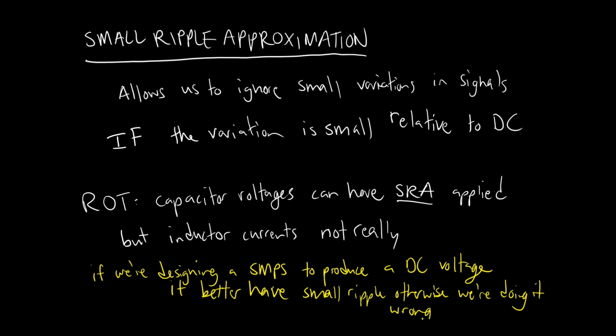I mean, this is kind of a hand-wavy answer, but again, we're approximating, it's already hand-wavy, right? So give me the benefit of the doubt on this one. All right, so we can write out this idea of small ripple approximation in a more precise way.